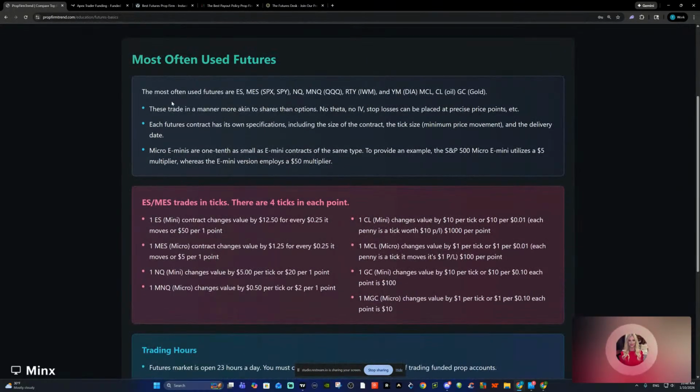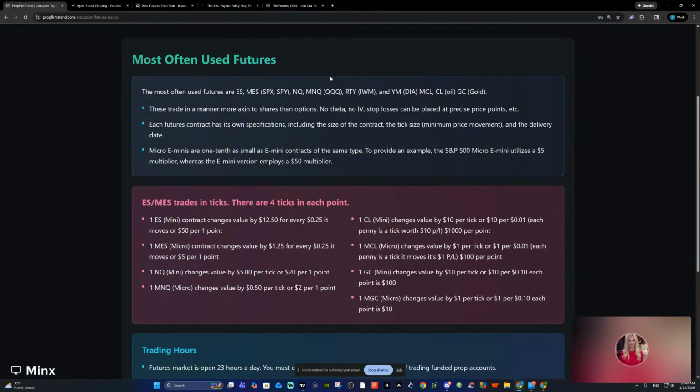The most often used futures are ES, MES, which is basically like SPX and SPY. NQ, MNQ, you can look at it kind of like NDX and QQQ. RTY is IWM, CL is oil, GC is for gold.